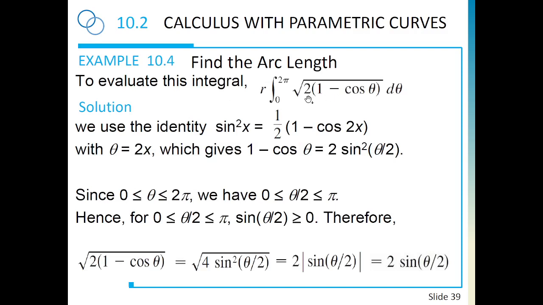So our issue is to integrate this expression here. The part 1 minus cosine theta reminded us of half angle formulas. So sine square is expressed this way, and then we go, okay, let's work on this expression to replace 1 minus cosine theta by something that is squared. So when we take the radical, things simplify a little bit.